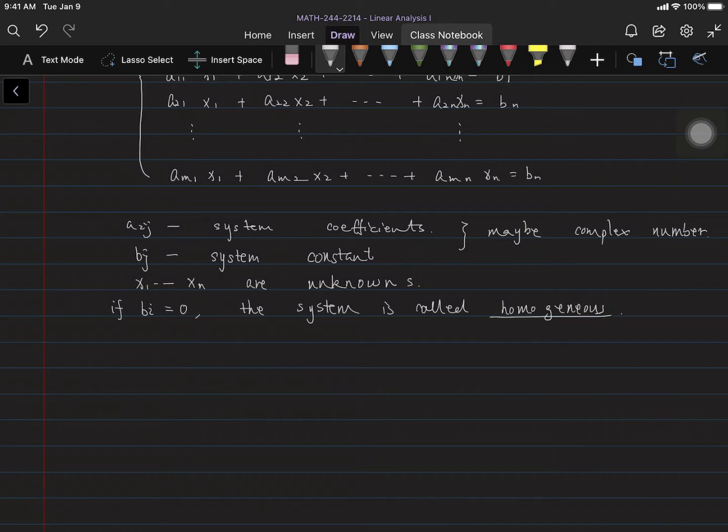That's the definition of homogeneous. Definitely, if bi is not all 0, otherwise, it is called non-homogeneous.